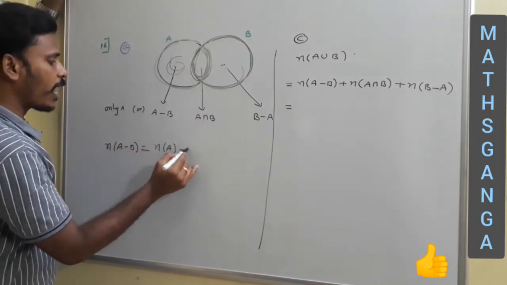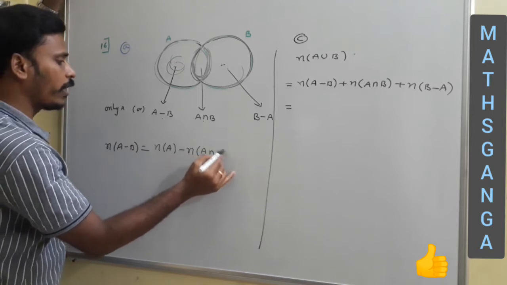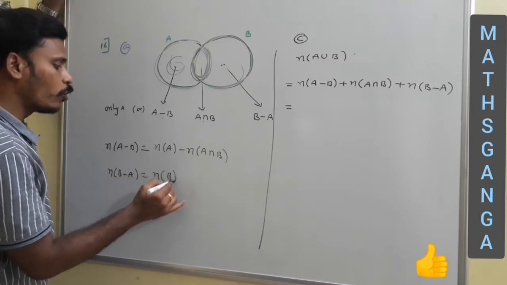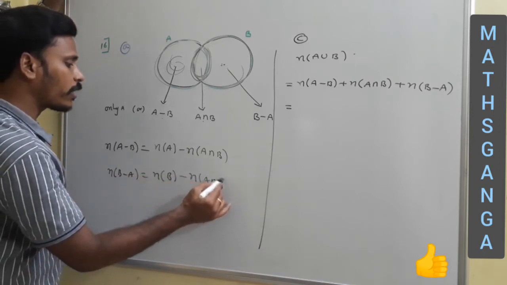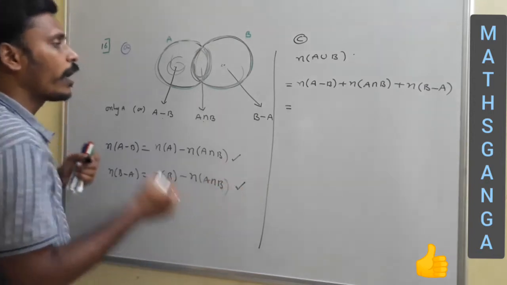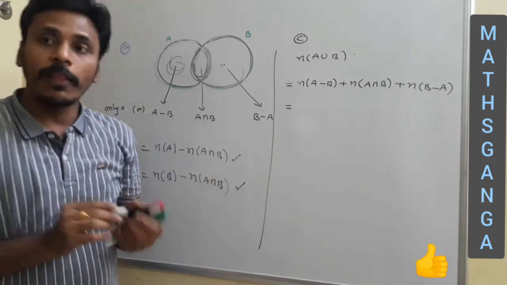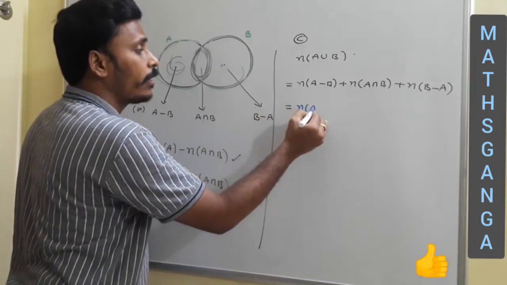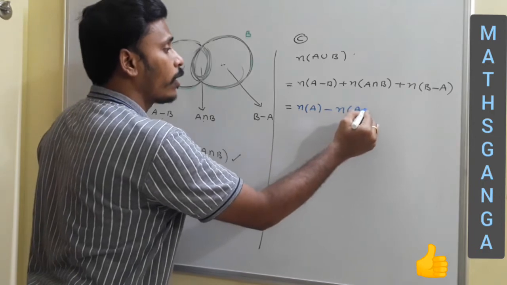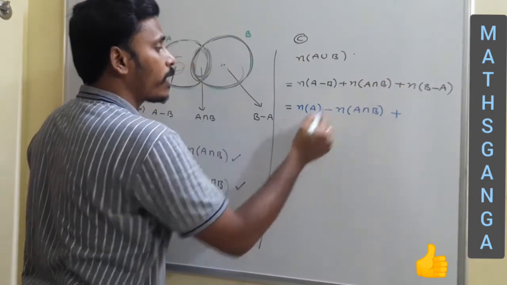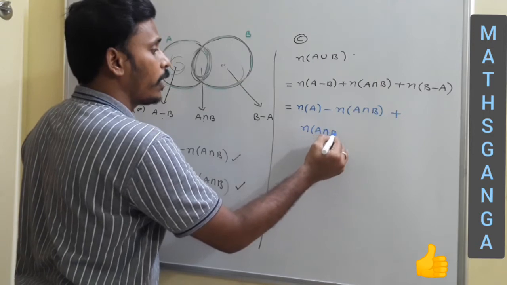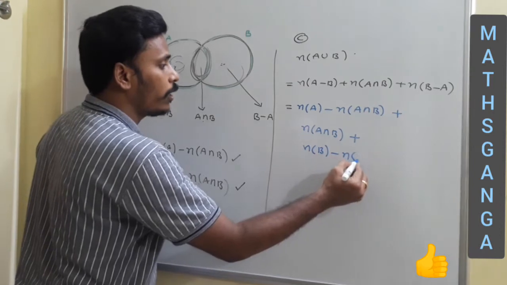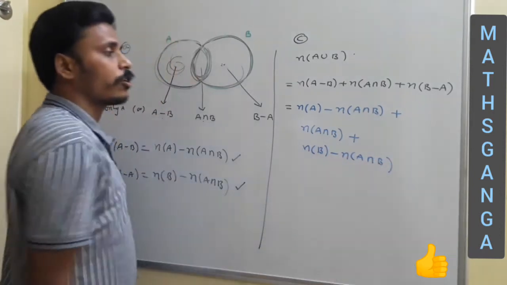N of A minus B, we have a rule that it is n of A minus n of A intersection B. In the same way, we have a rule for n of B minus A, just as I mentioned to you, n of B minus n of A intersection B. Okay, use these two in place of n of A minus B and n of B minus A. And now here n of A minus B is just nothing but n of A minus n of A intersection B, plus what is this second region? N of A intersection B, plus this third part. What is the third part? N of B minus n of A intersection B.